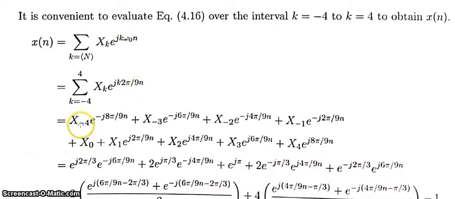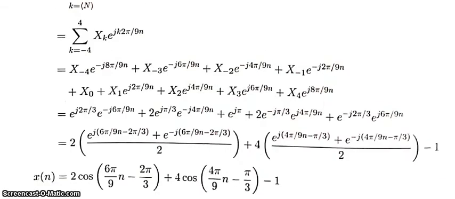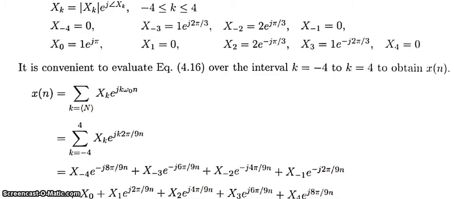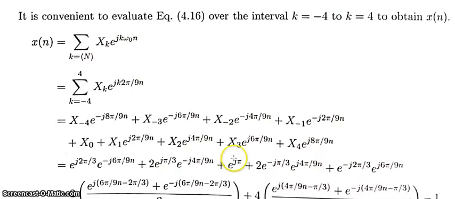Here they have substituted all the values of X_k, that is X -4 to X 4. When k equal to -4, X -4 e raised to -j k 2 pi by 9 into n.